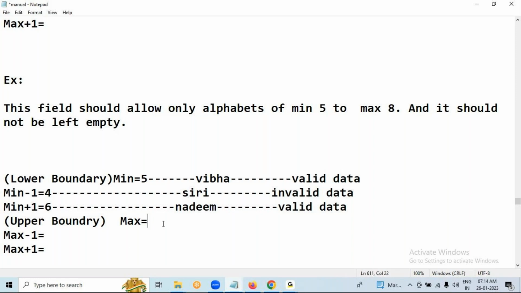Maximum. As per this, what is the maximum? 8. You can give 8 letters, right? Is it valid or invalid? Valid.